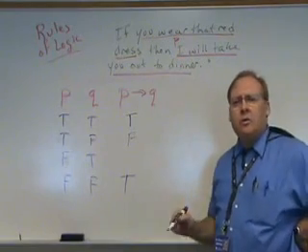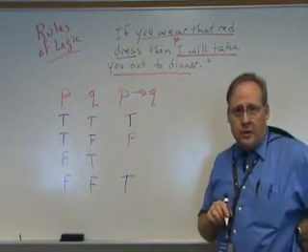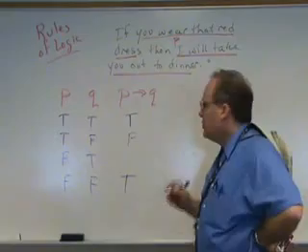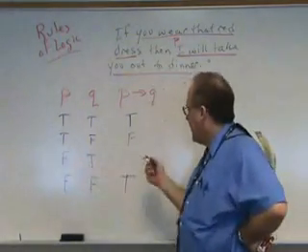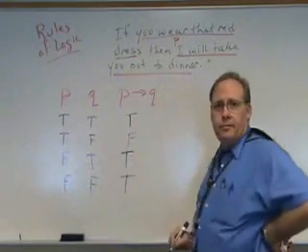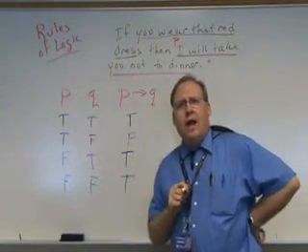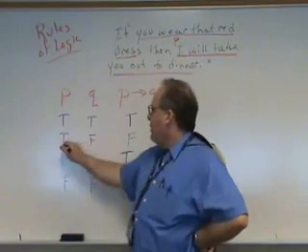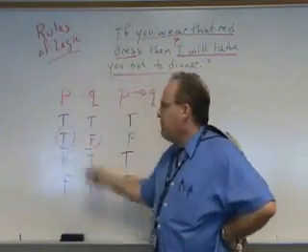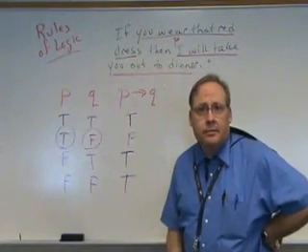I did not tell her what would happen if she did not wear the red dress. So, if she doesn't wear the red dress, and I want to take her out to dinner anyway, I still told the truth. The only way I can lie in a conditional statement is for the condition to be met and for me not to keep the promise.